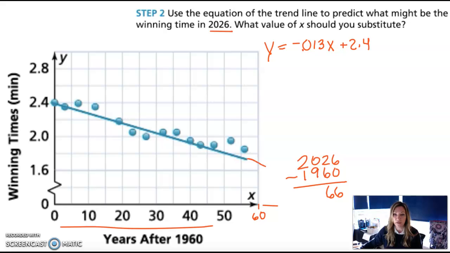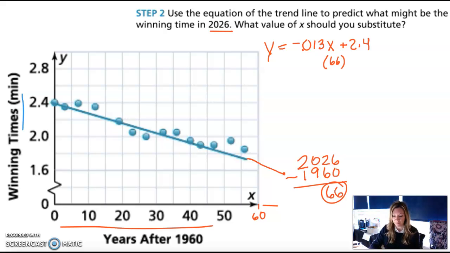So we want to use our trend line and decide where this point would be. Let's plug in the information. We know after 66 years, and we know that that's our x value, so we can plug in 66 here. Use your calculators to calculate. Remember, all you're doing is plugging in that information to calculate what the value in minutes should be after 66 years.